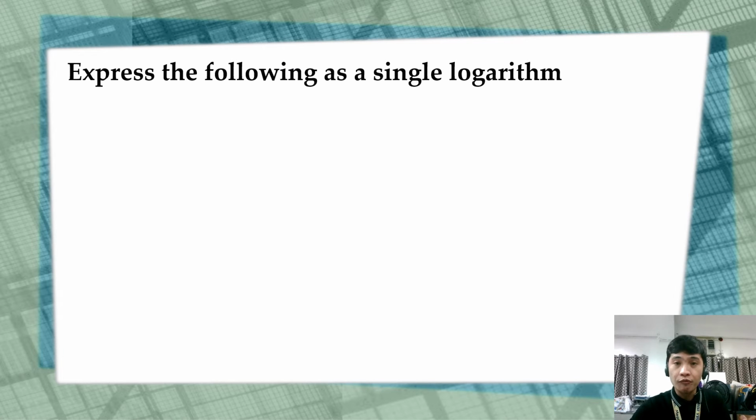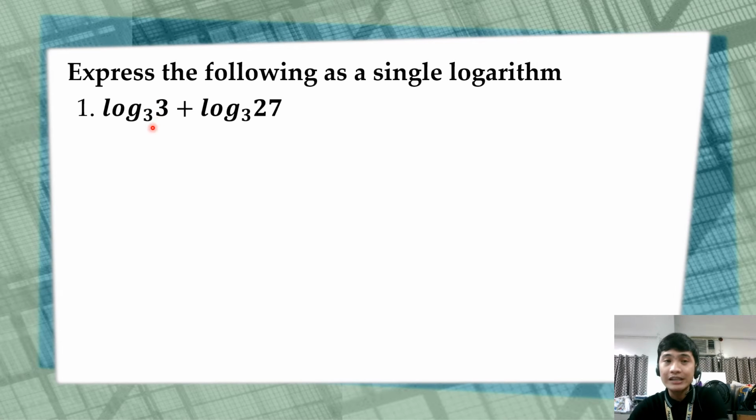We will reverse what we did a while ago. A while ago, we got the expanded form of a logarithm from the single form. This time, we are going to express the following logarithms as a single logarithm. So from the expanded form, we are going to get its single form, or the condensed form of the logarithm.